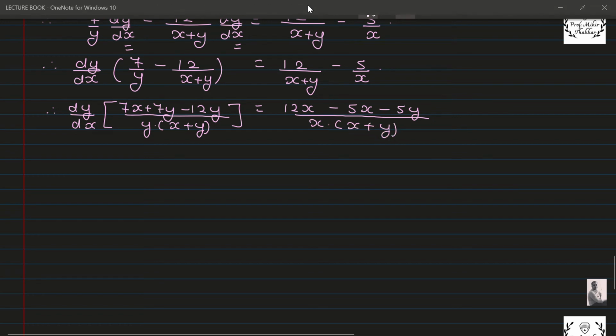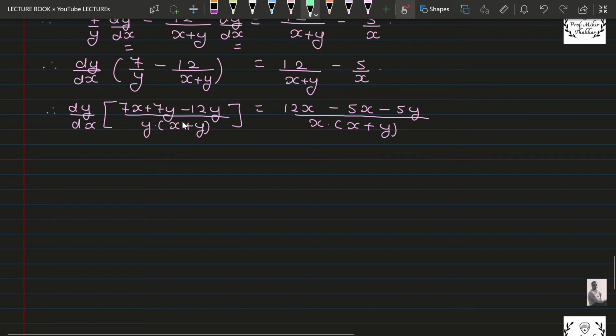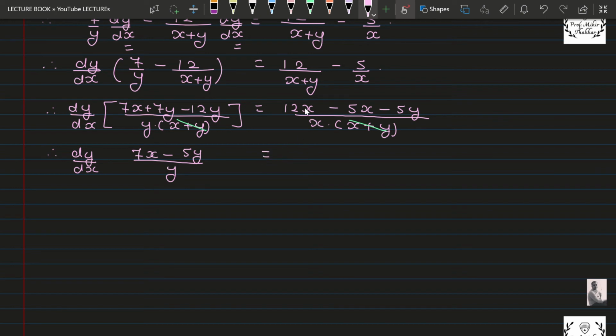x plus y. Now what I can do over there is I can cancel off the x plus y element because it gets directly cancelled off, and in the numerator 7x remains as it is, 7y minus 12y becomes minus 5y, and here 12x minus 5x becomes 7x minus 5y divided by x.